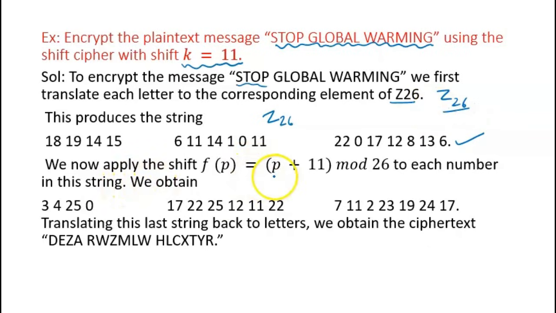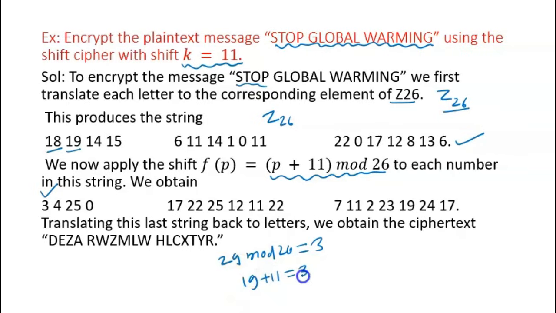Now we have to apply the shift cipher, that is (p + 11) modulo 26. So 18 plus 11 is 29, and 29 modulo 26 is equal to 3. So this 18 becomes 3. 19 plus 11 is 30, and 30 modulo 26 is equal to 4.